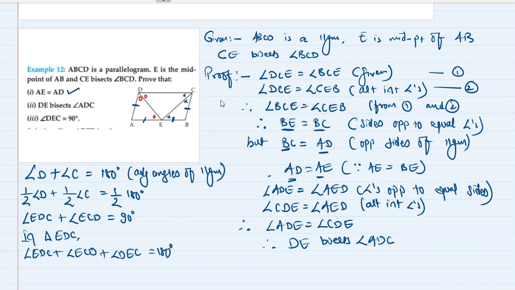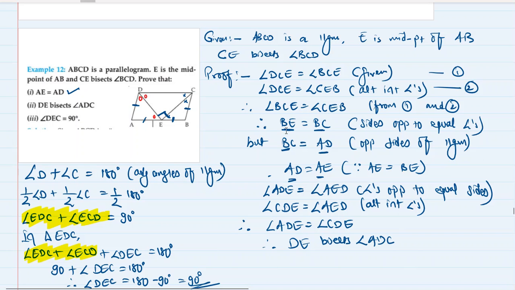But we already know that angle EDC plus angle ECD is 90. Right? So 90 plus angle DEC is equal to 180 degree. Therefore, angle DEC is equal to 180 minus 90, which is 90 degree. So angle DEC is nothing but 90 degree.